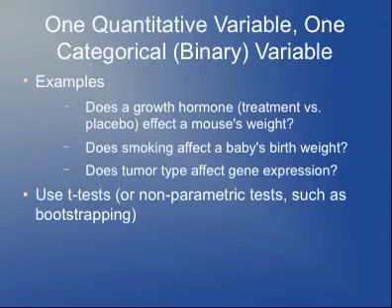In these cases, you can use a t-test because usually what you want to do is test the null hypothesis that the mean is the same in both groups. You can use a t-test, or in some unusual circumstances, you can use non-parametric tests like bootstrapping.